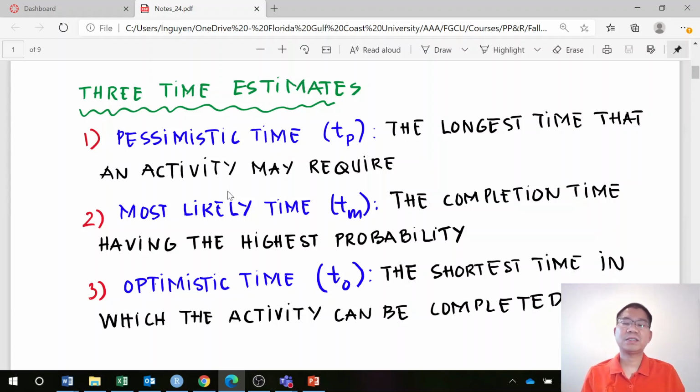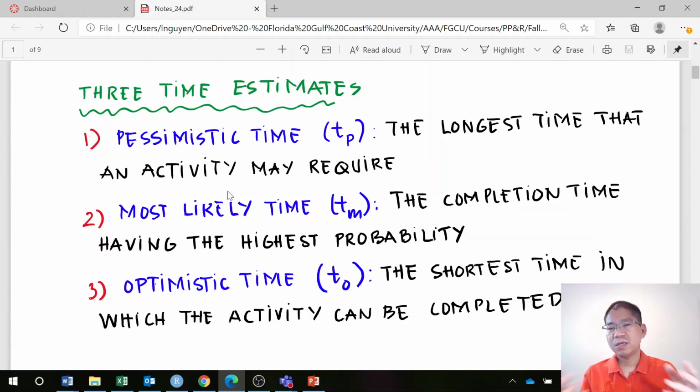You say 30 minutes. That is the most likely time, TM. And then the optimistic time, the shortest time in which an activity can be completed. So what is the earliest time you can come here? Or the shortest time that you take from your house to the campus is 25 minutes. That is the optimistic time.